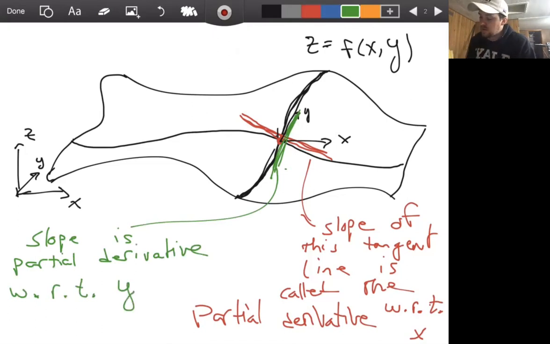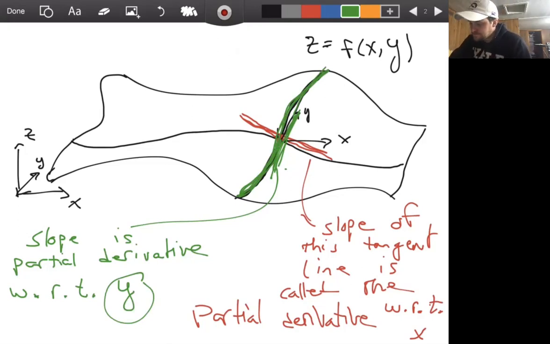And notice when we take the partial derivative with respect to y, we fix the x coordinate. If you notice this curve in green is at a fixed x value. X does not change. It is not moving left or right for us.